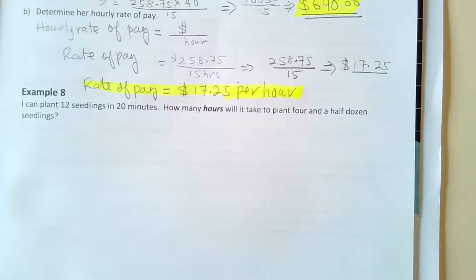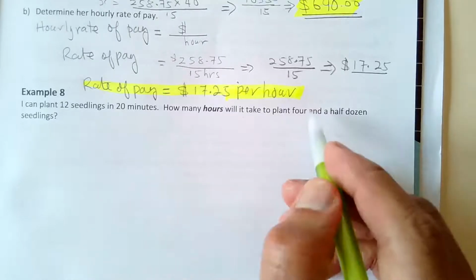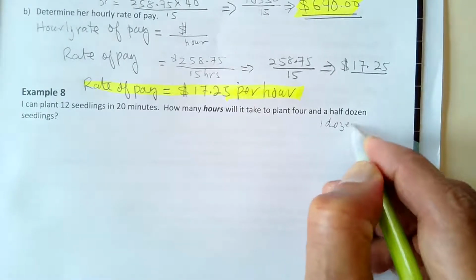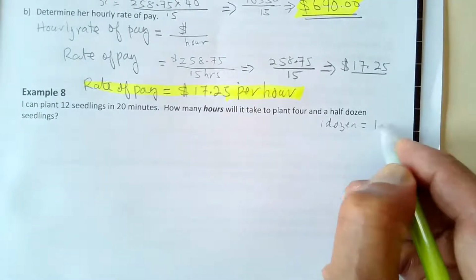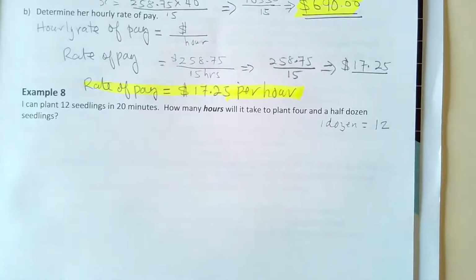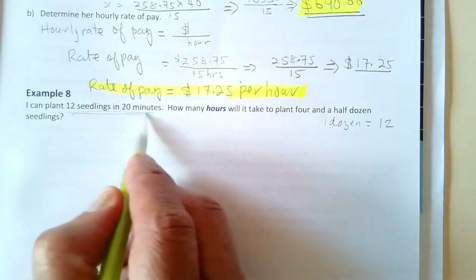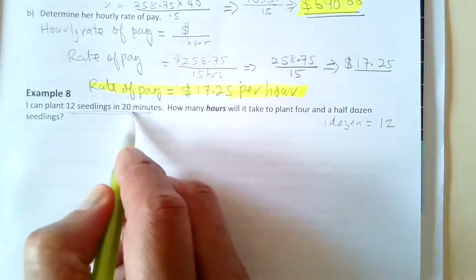Here, I can plant 12 seedlings in 20 minutes. How many hours will it take to plant 4.5 dozen seedlings? Now remember, one dozen is equal to 12. So the rate of conversion factor is 12 seedlings per 20 minutes.